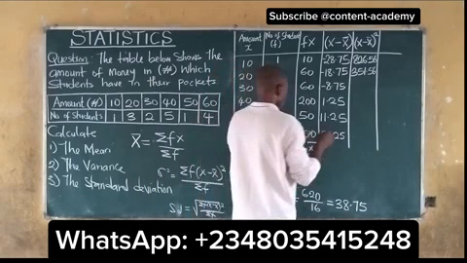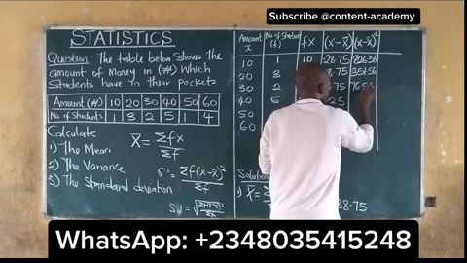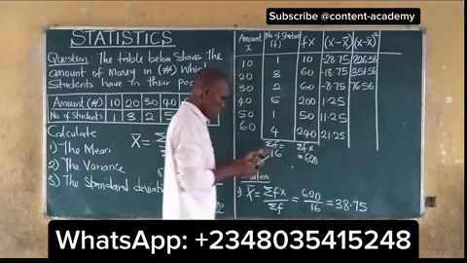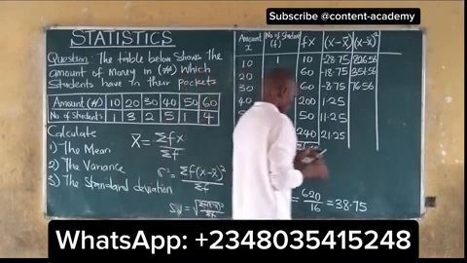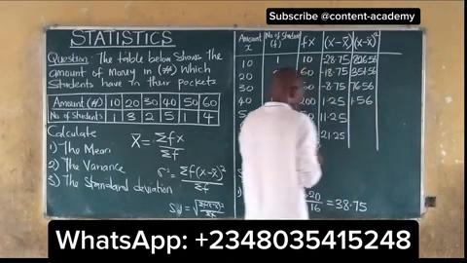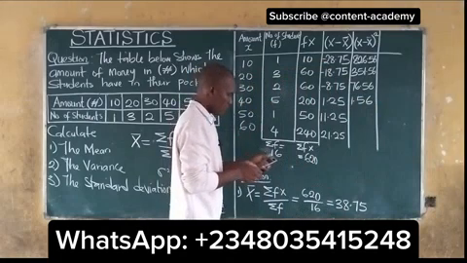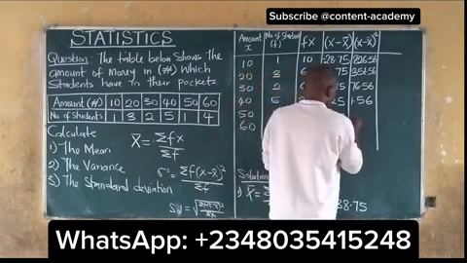We have it to be 76.56. Now, we have 1.25 squared is equal to 1.56. We have 11.25 squared, which is 126.56.